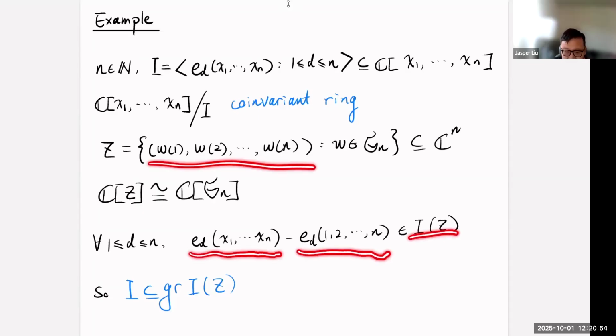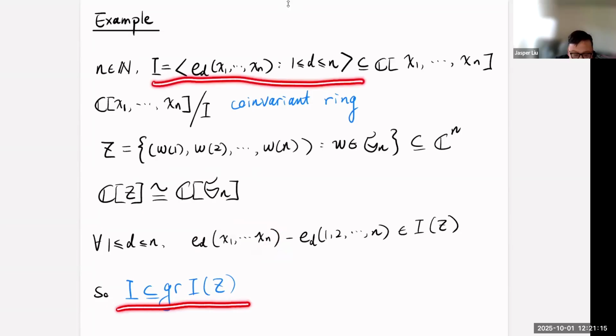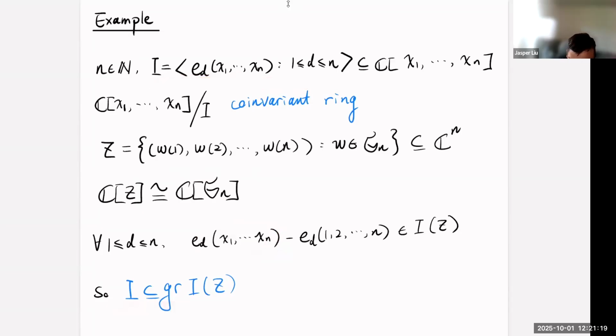This is simply based on the fact that the elementary symmetric function is symmetric. So when we take the top degree homogeneous part of these polynomials, we'll just get the elementary symmetric functions. So that means this ideal we started with is contained in the associated graded ideal of the vanishing ideal of this locus of points, whose quotient is isomorphic to the regular representation.